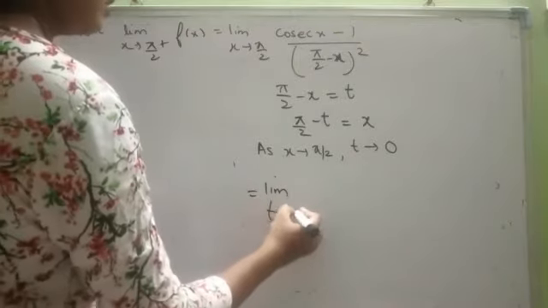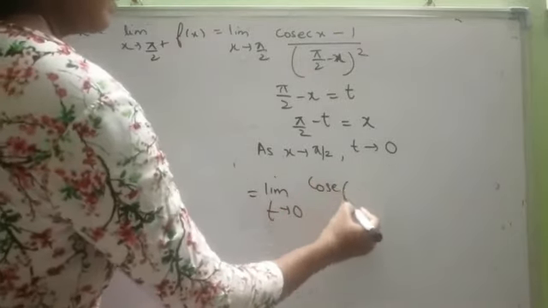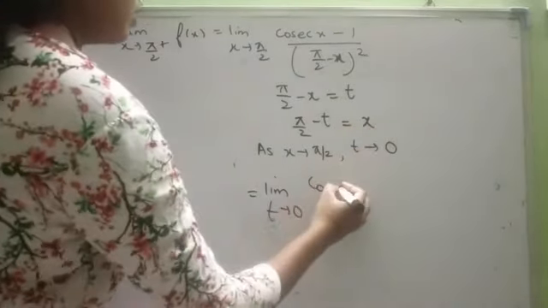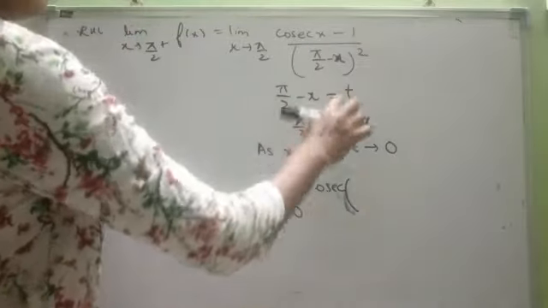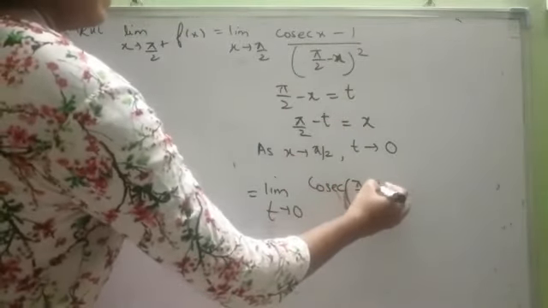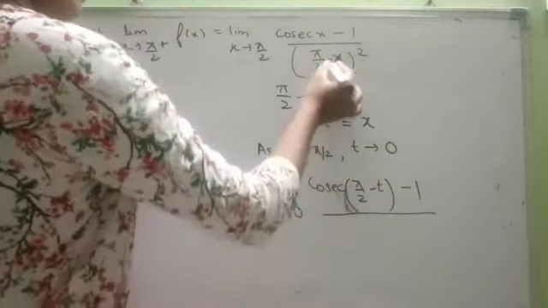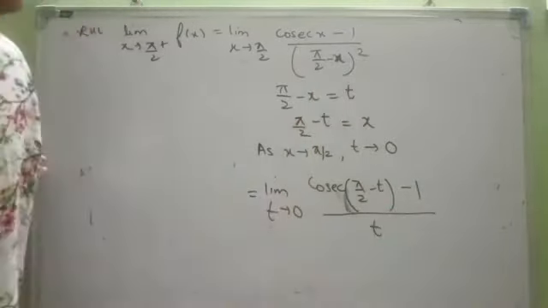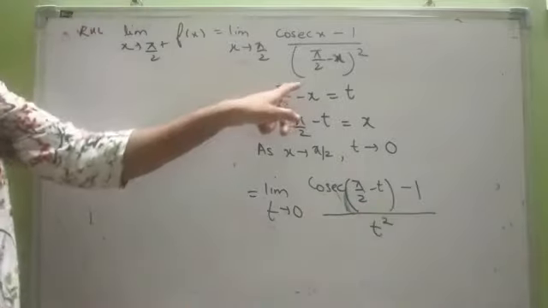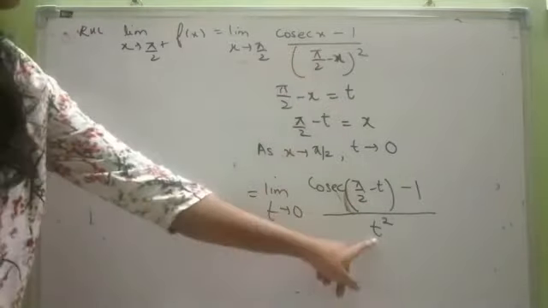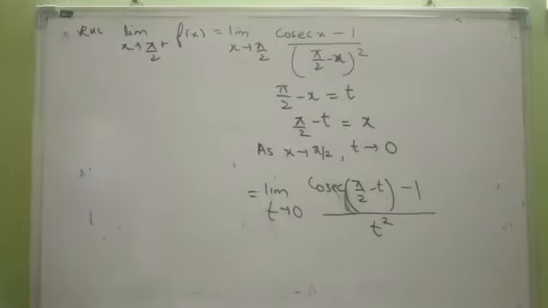So t tending to 0, cosec of, instead of x what will come? Pi by 2 minus t. What is pi by 2 minus x? T square. This you had assumed to be t. So answer will be t square.